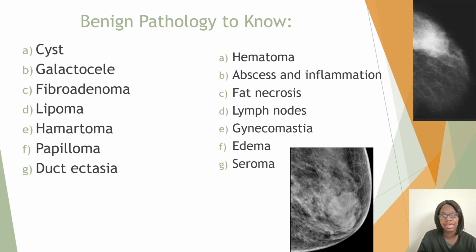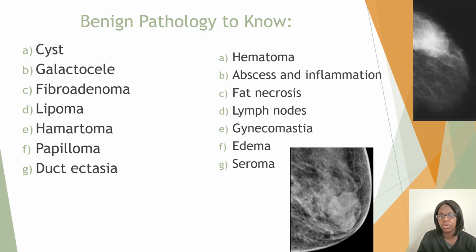These are the benign pathology that you have to know. So know the definition. You can also know what age group these categories fall for. Like for fibroadenomas, you'll normally see these in younger patients, especially if they are in their 20s. I've had someone tell me that they had a fibroadenoma when they were like 17 or 18.